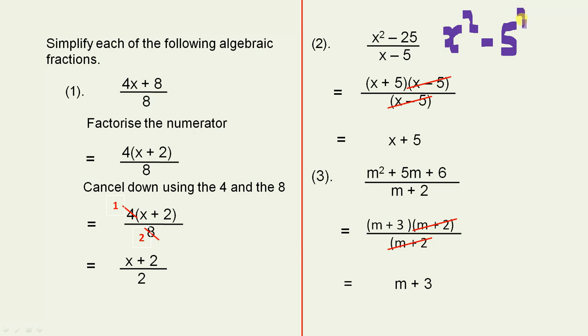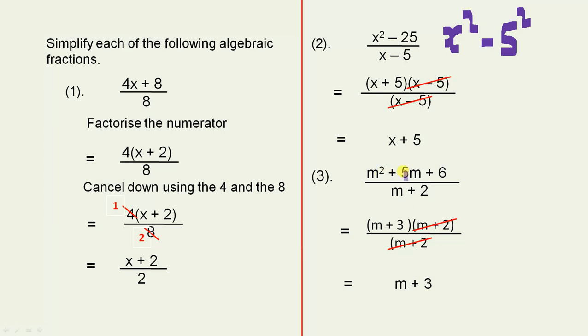And we saw in an earlier video the way to factorise x squared minus 5 squared is x plus 5 times x minus 5. We have an x minus 5 in the denominator, so we cancel those out and we're left with x plus 5 as the answer. So you can see this was our original algebraic fraction, and we've ended up with this one, which is so much simpler and it has the same value.